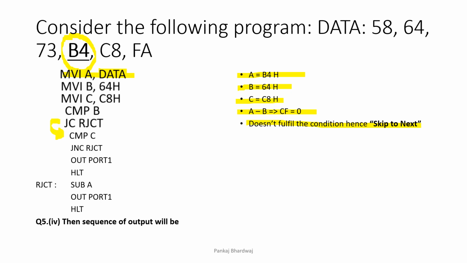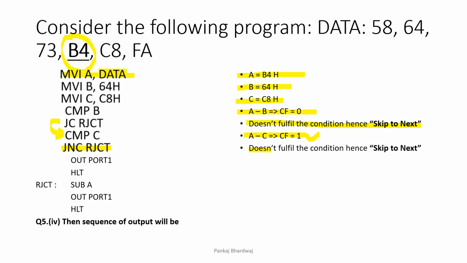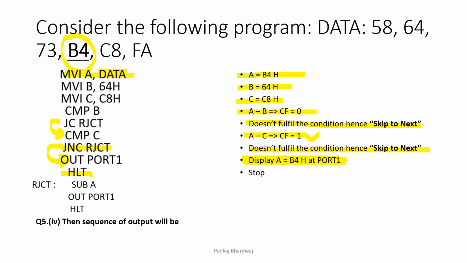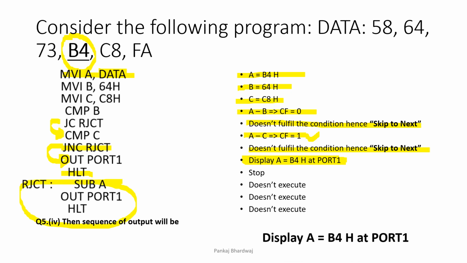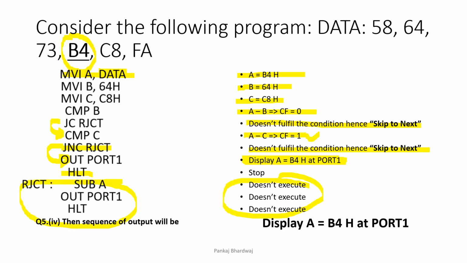So we come to CMP C, compare C, that means A minus C. B4 is less than C8, so carry flag will be 1. Carry flag will be 1, so this jump on no carry does not execute. So it comes back to the next instruction, that is out to port 1. The output is displayed at port 1, that is the contents of the accumulator, and again this HLT terminates the program. These three lines again do not execute, and the output A, that is B4, will be displayed at port 1.